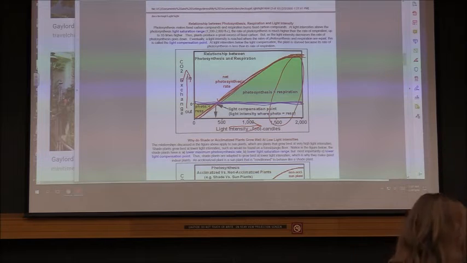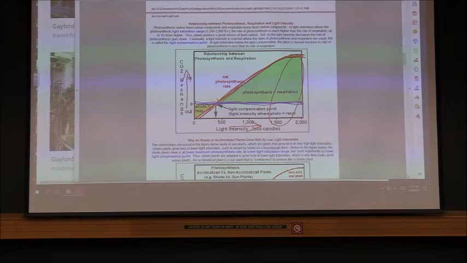It is the line where the rate of photosynthesis and respiration is taken into account, and where those two lines cross is the light compensation point. That's the lowest light a plant can live under. For this particular plant, it would be 400, just a little bit below 500.